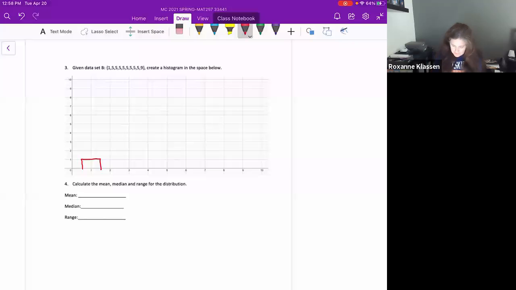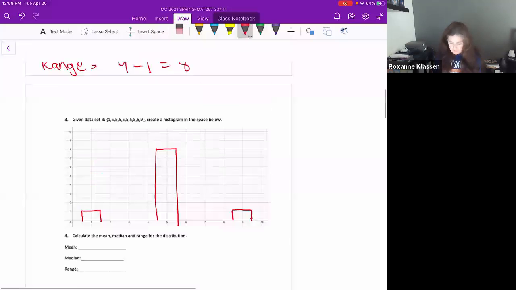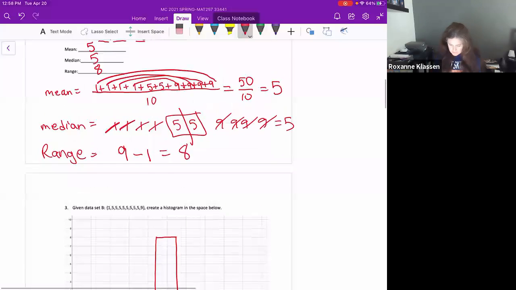So we had 1, 1 on data set B. And then we had like 8 5s, right? And of course, these lines are perfectly straight. And then we had 1 9 up here, right? So your histogram looks different than the first one, right?